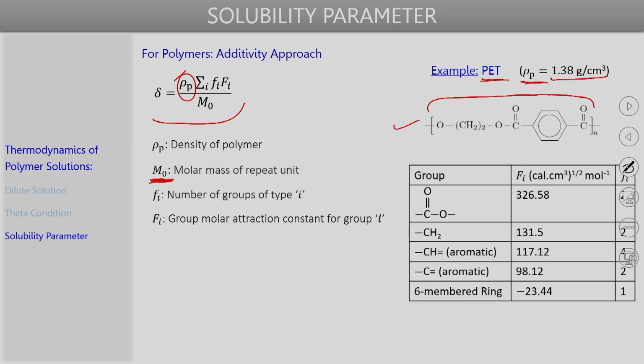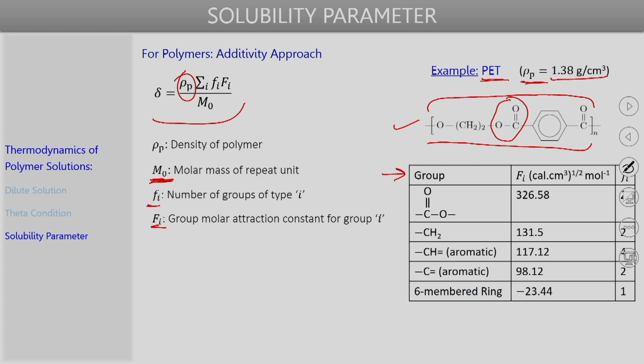Next, the group molar attraction constants, capital Fi, and the corresponding numbers of such groups, small Fi, we have tried to list in this table for this particular repeat unit. We see that there are two COO groups.